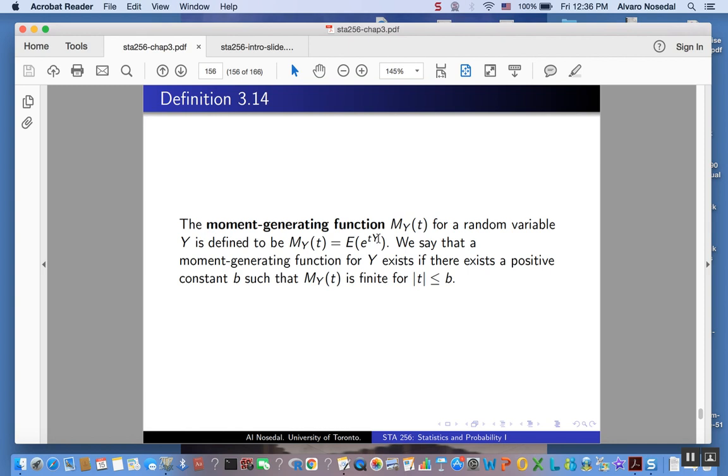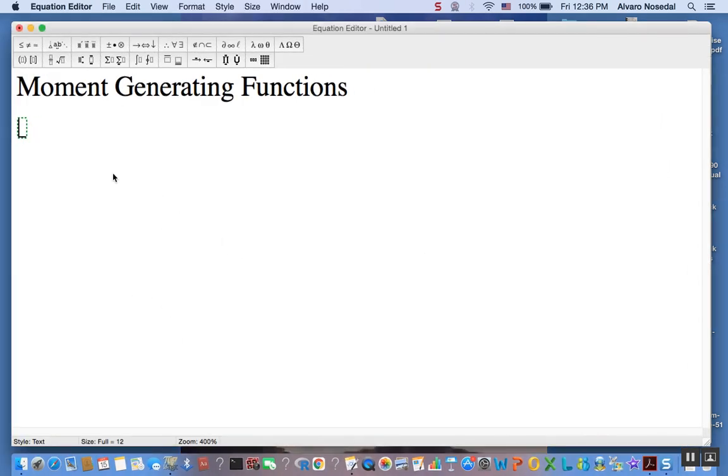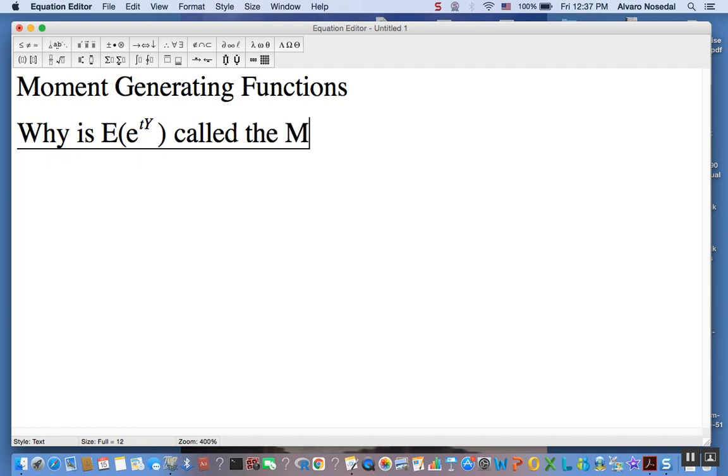Now what we're going to be doing is trying to understand why the expected value of e to the ty is called the MGF, the moment generating function.